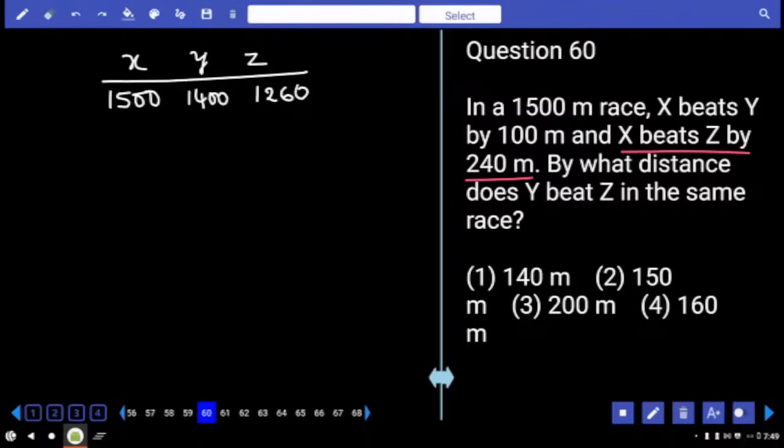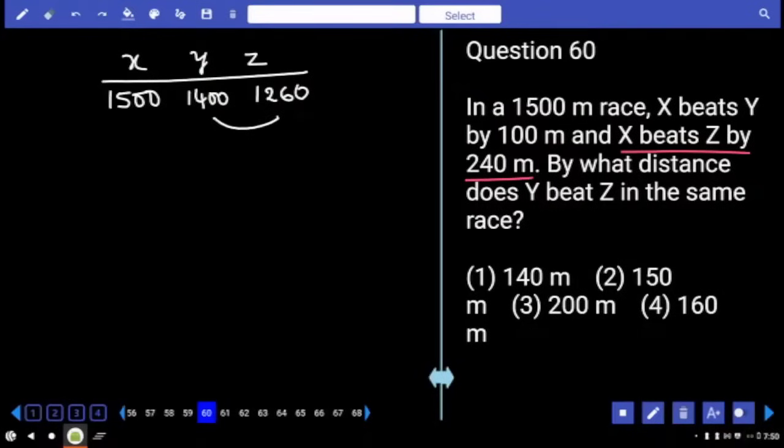Correct? This is the distance ratio, and the time taken by each of them to cover these distances is the same. If time is same, distance and speed are directly proportional, as I discussed yesterday. So whatever ratio we have here between Y and Z, the same should follow in the other case also. Right? I don't want to calculate the ratio here.